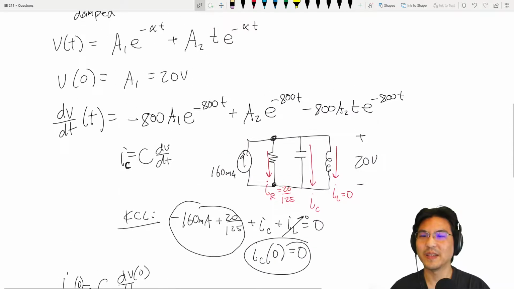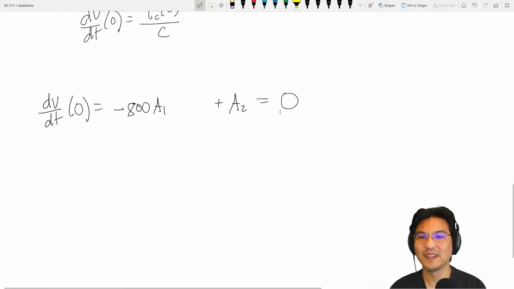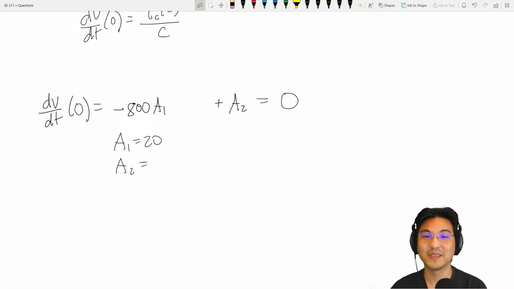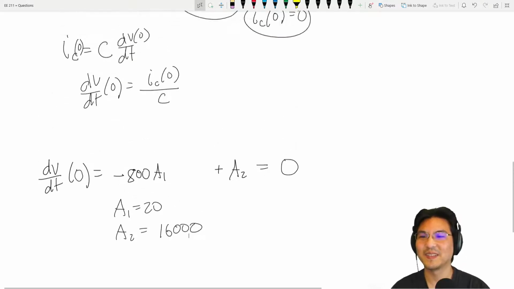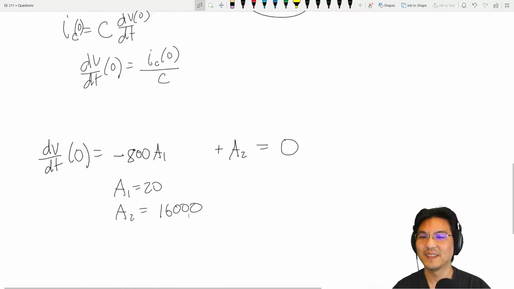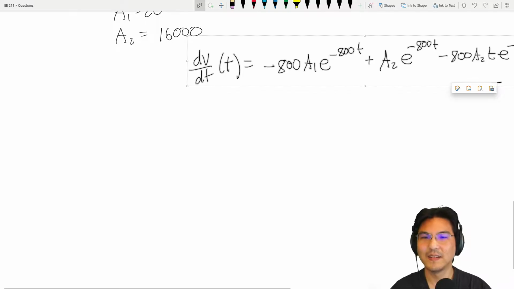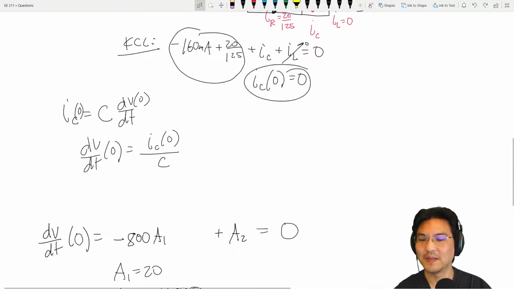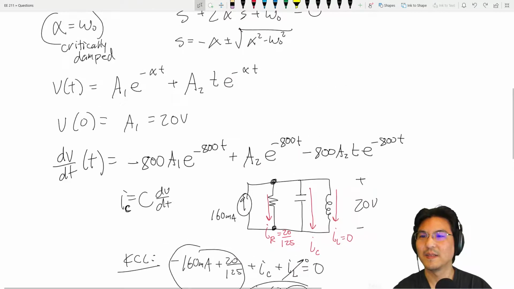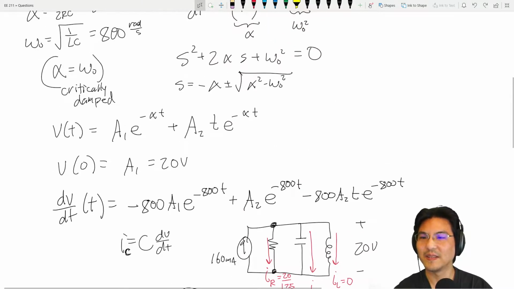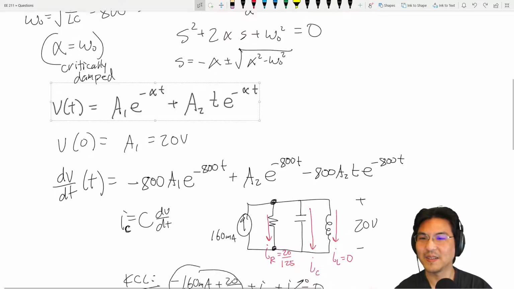Okay, so A1 was 20. A1 is 20, so therefore A2 is 20 times 800, so 16,000. Okay, so there we go. So we got our answer. Let me write down the answer.